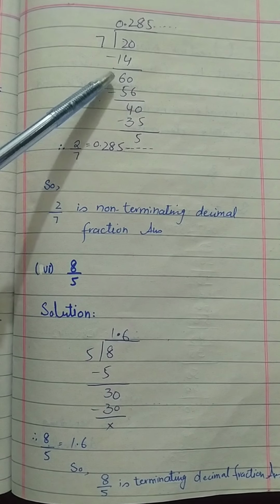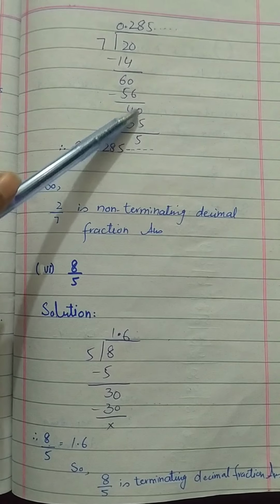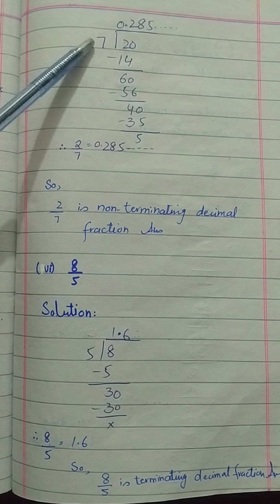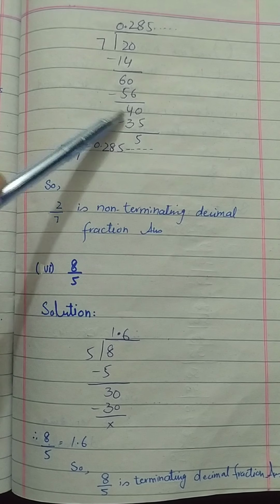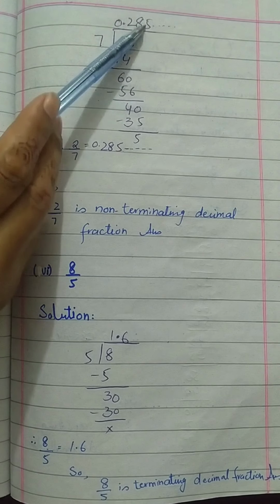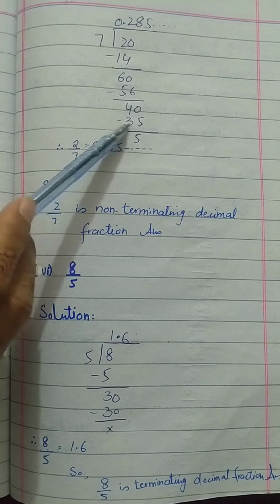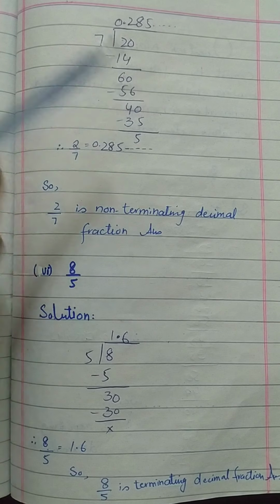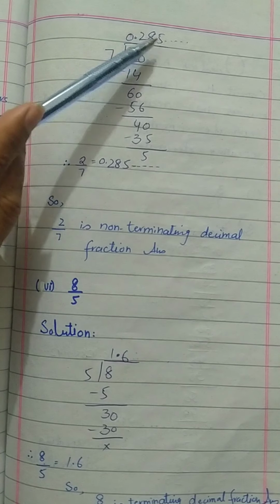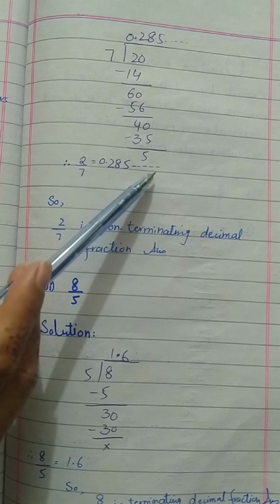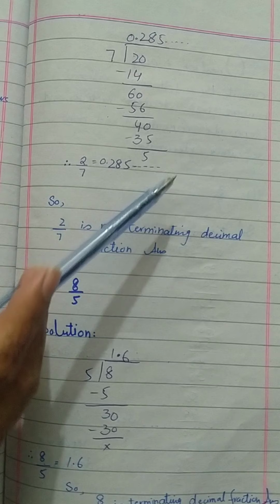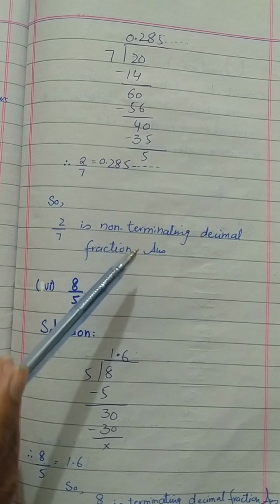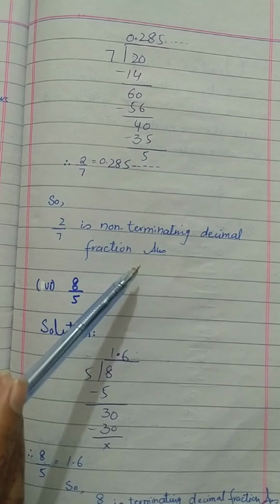We subtract 56 from 60 and we get 4. 4 is also less than 7. So we put another 0 and this becomes 40. 7 5s are 35. We subtract 35 from 40 and get 5. This value does not end, so this is an infinite value and we get 0.285 and so on. So 2 by 7 is a non-terminating decimal fraction.